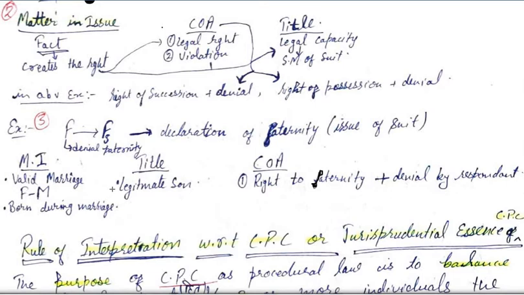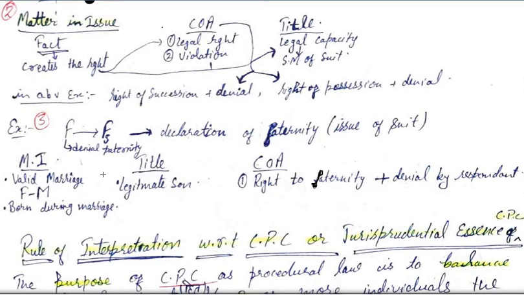So how does he acquire legitimate sonship? How does he become a legitimate child? Because his mother was married to the father validly, and during the continuance of the marriage, this person was born. Now we will not discuss the presumption of Section 112 of the Evidence Act here. That is a matter of evidence.